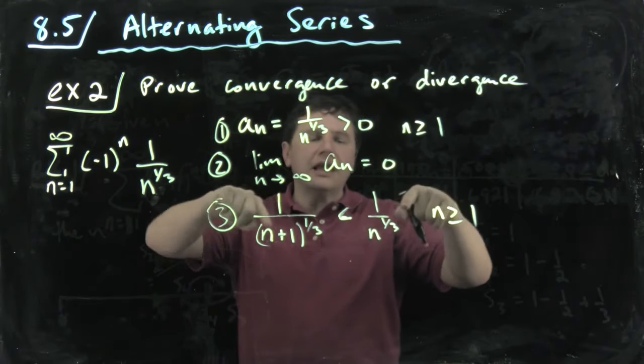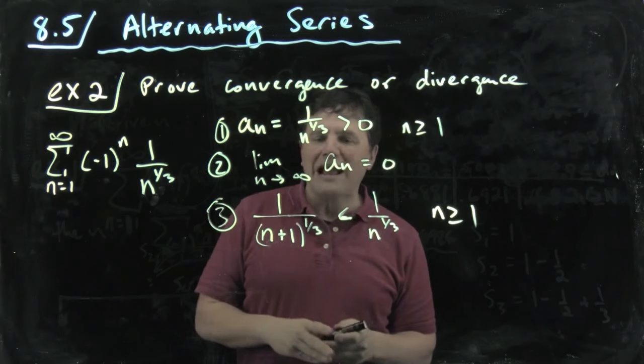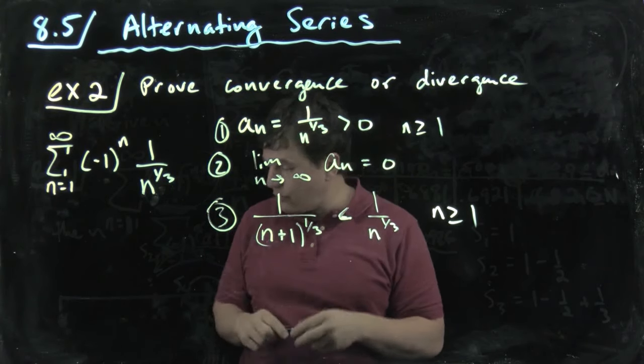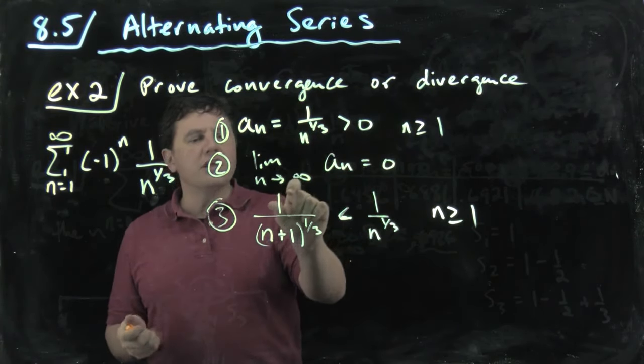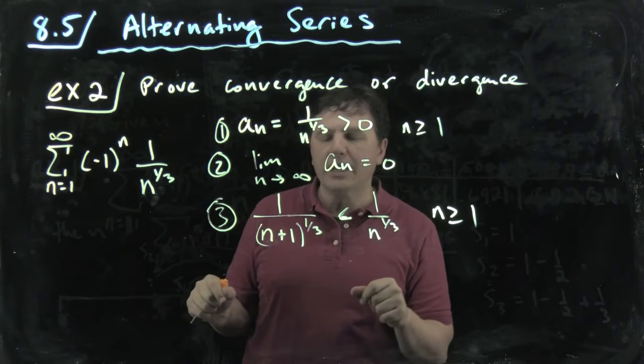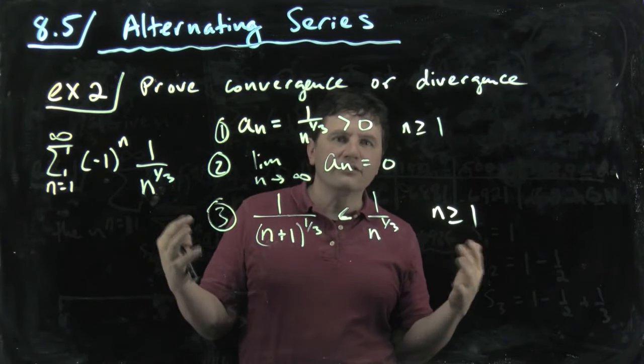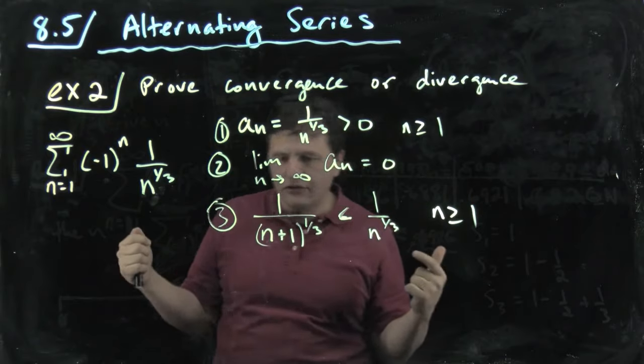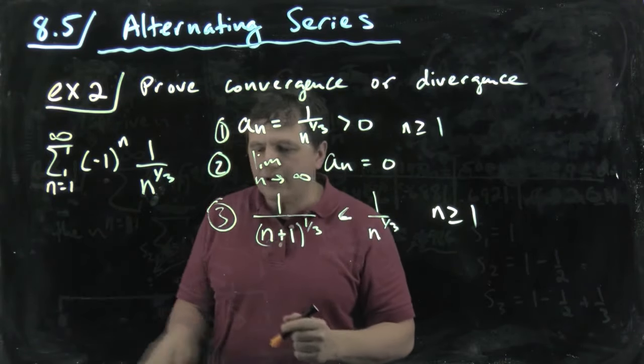Where this gets tricky, and I'll probably do an example of this in class, I won't get to it in this video, is if there's something in the numerator. Then it can be a little more complicated, and we have to do some calculus, some derivative analysis, to determine that it is decreasing.